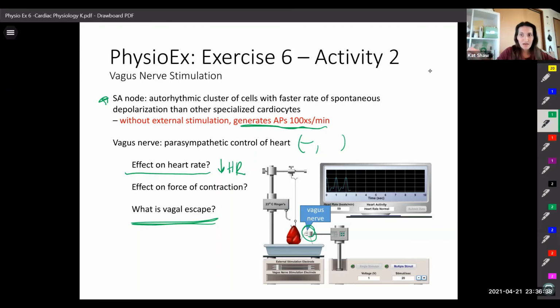Or given enough time, some of those latent pacemakers, they're associated with the Purkinje fibers, they're going to rise to threshold and they can stimulate a heart rate within the ventricles. Of course, under those conditions, heart rate is going to be very slow, given the slow rate of depolarization for the Purkinje fibers. But still, some heartbeat is better than no heartbeat for this vagal escape.